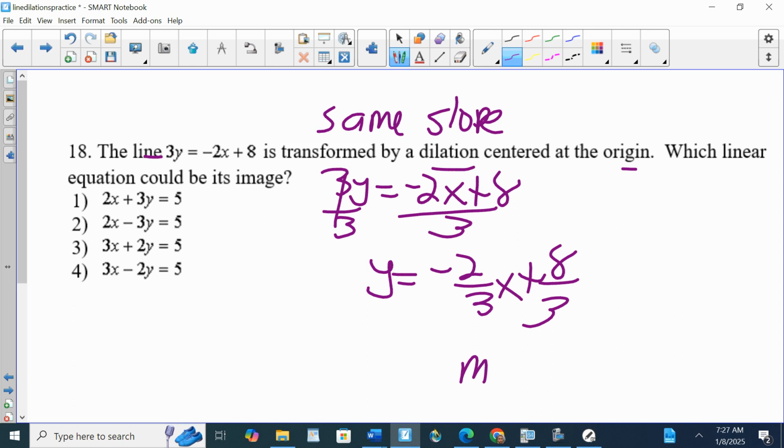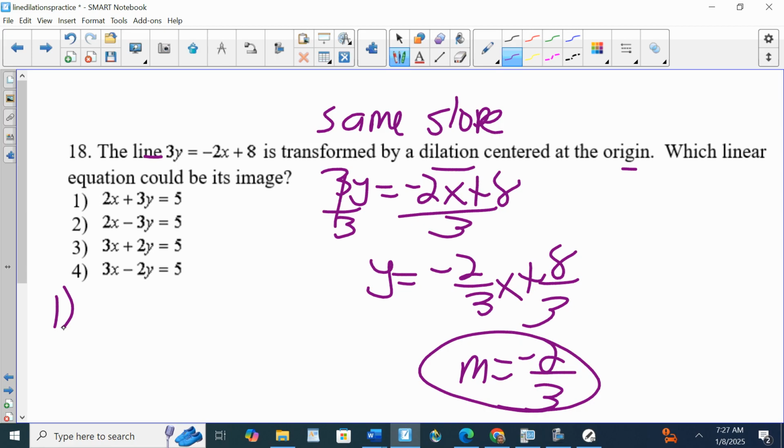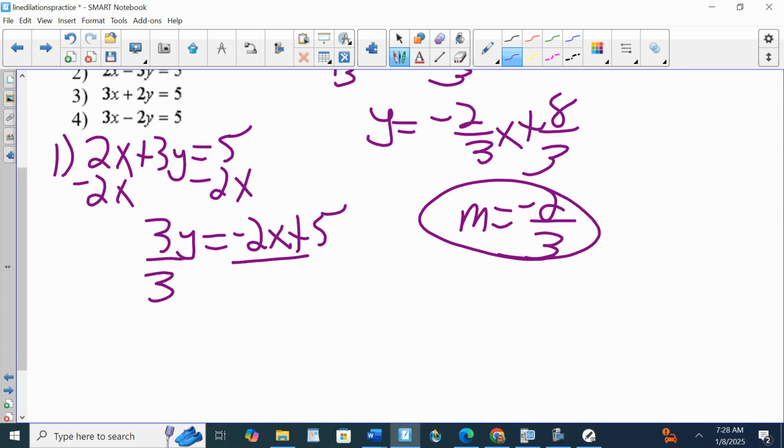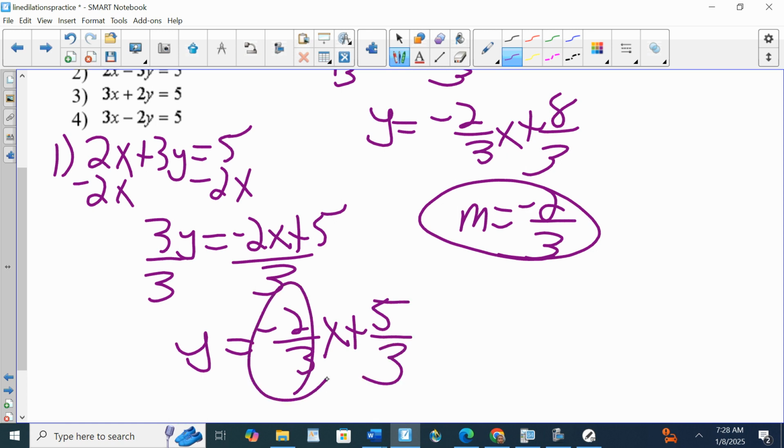So I'm looking for a slope of negative 2/3. Of course, the choices are not in y equals mx plus b form, so I have to get them there. The answer looks like choice 1. If I take a look at choice 1, 2x plus 3y equals 5, minus 2x, 3y equals negative 2x plus 5. I find that my slope is negative 2/3.